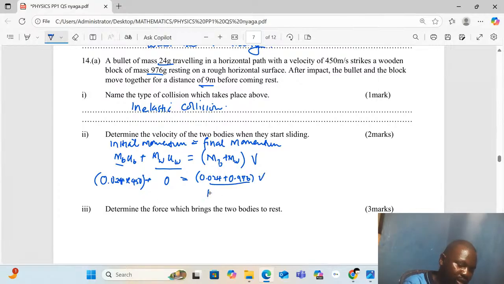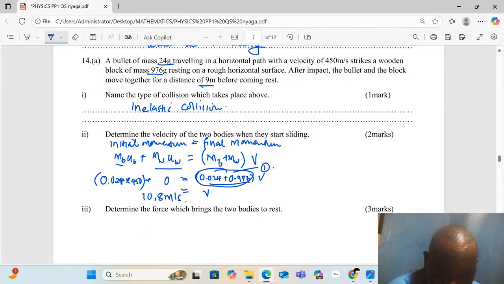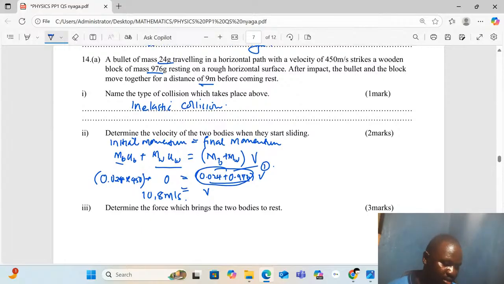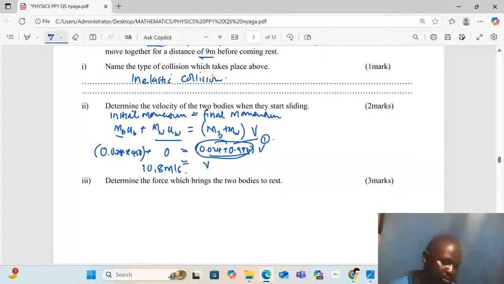So 1V, or you can just say V, this is 1. V is equivalent to 0.024 times 450, and this will lead us to 10.8 meters per second. That one is going to lead us to 10.8 meters per second.